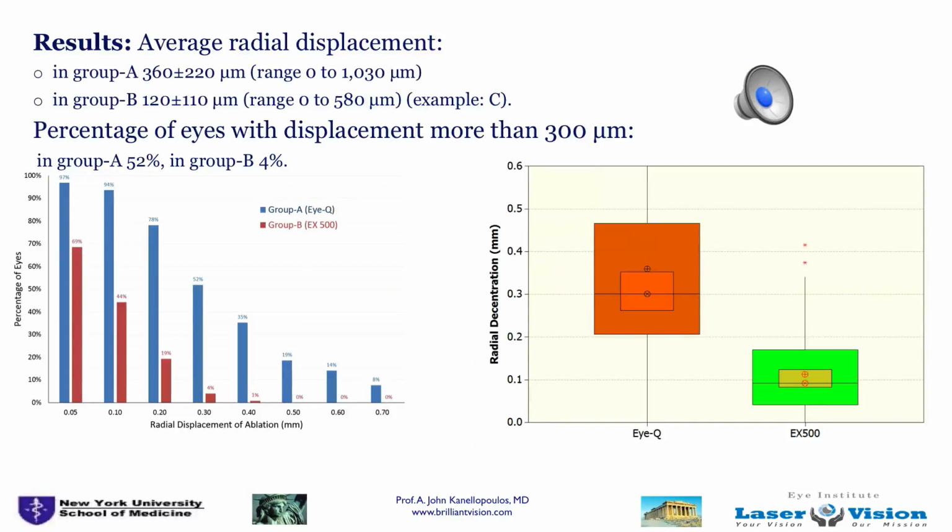Again, here the results summarize the very big difference, which was statistically significant, and also on a histogram, the percentage of eyes that had displacement of 50 microns on the far left, 100 microns on the next column.